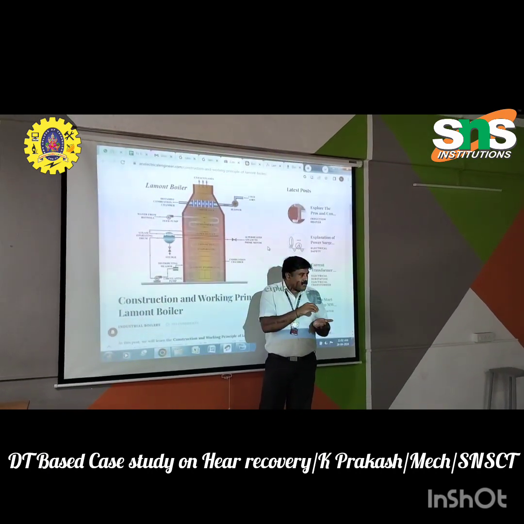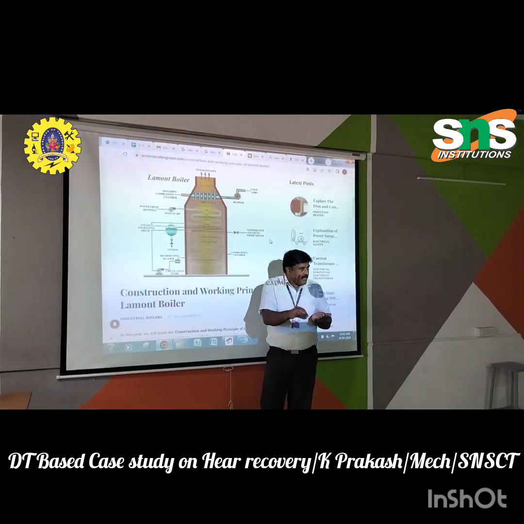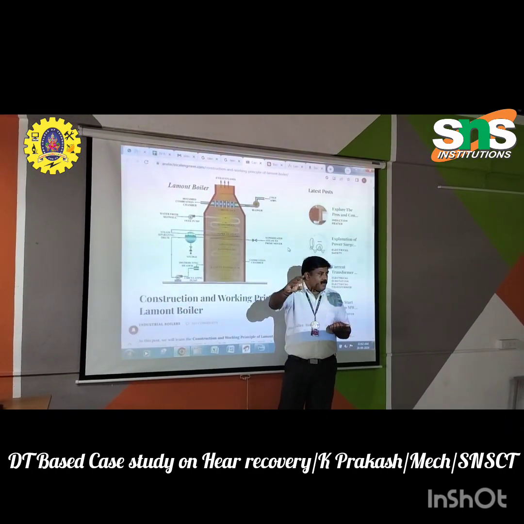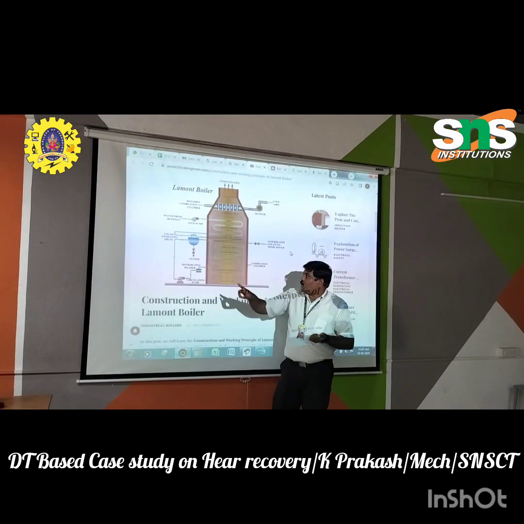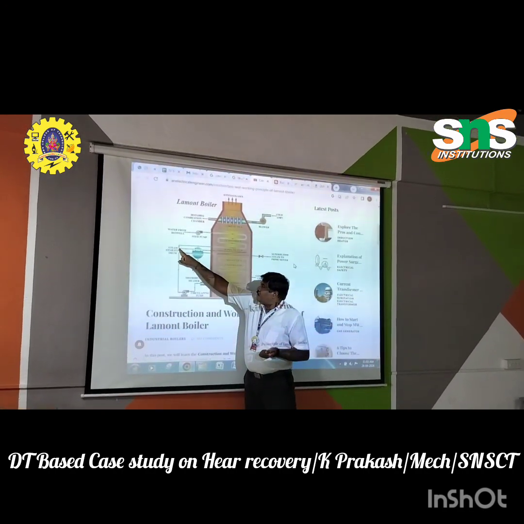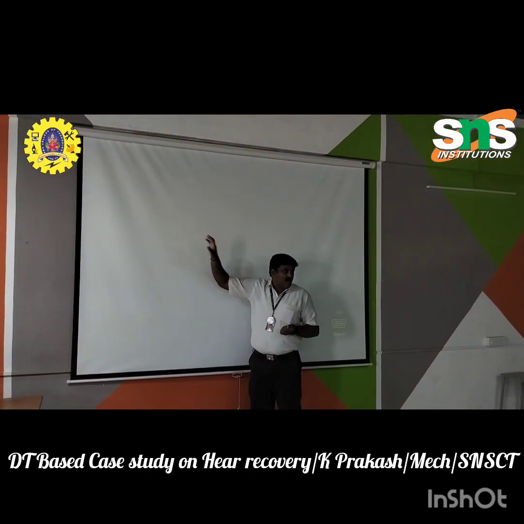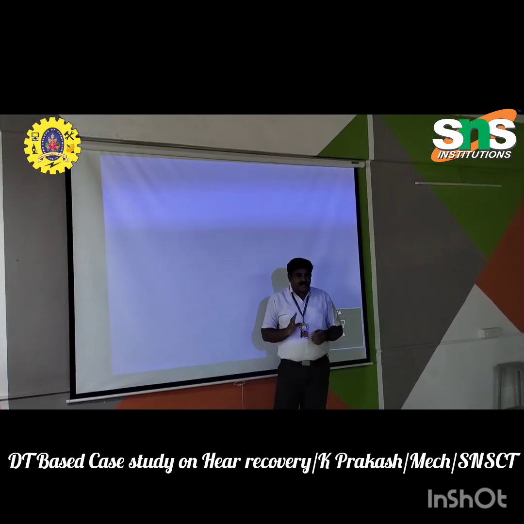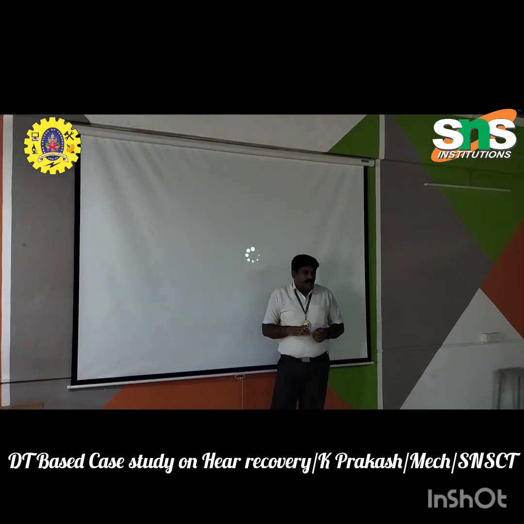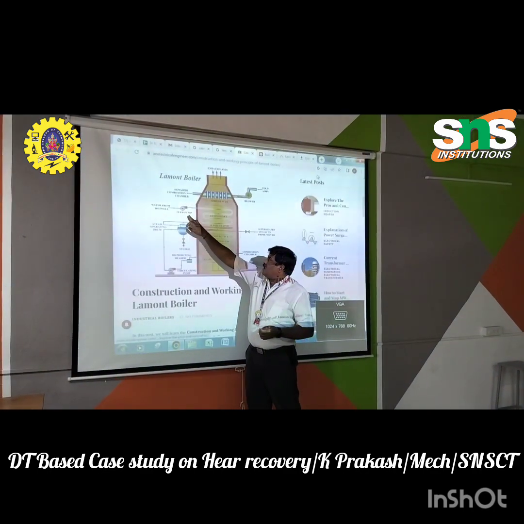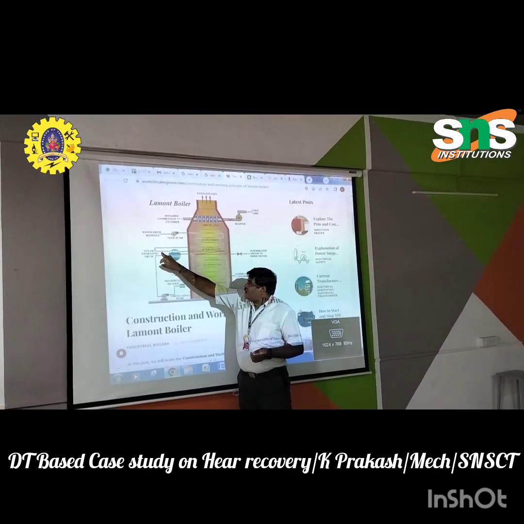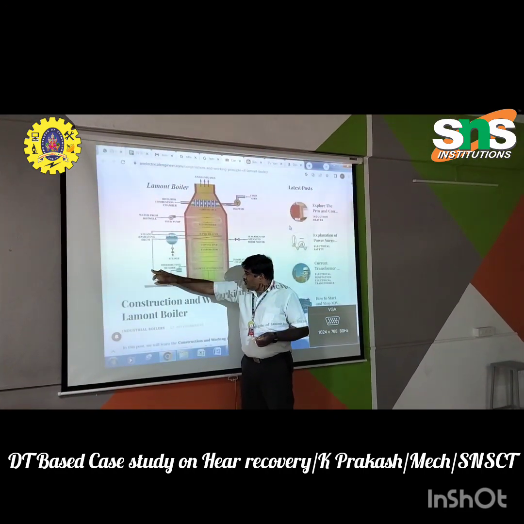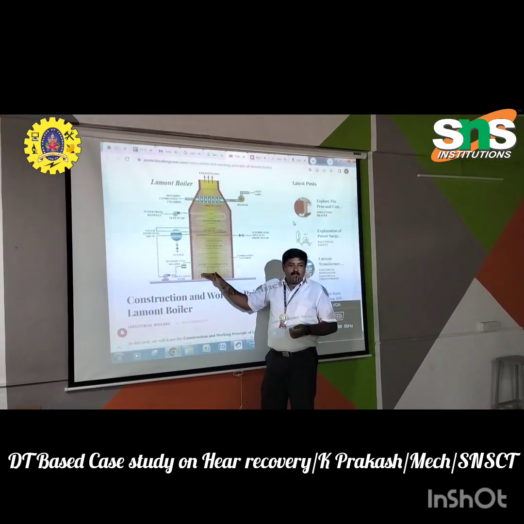When heating takes place, first the heat is given to increase the temperature of water from 0 to 100 degrees Celsius, and after 100 degrees Celsius the water is converted into steam. The room temperature is 28 degrees Celsius. Assume the water temperature is 28 degrees Celsius. If you are not preheating, the water will be at 28 degrees Celsius and heating starts from there.